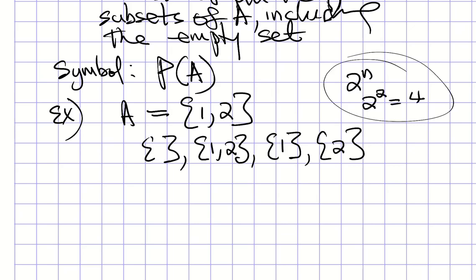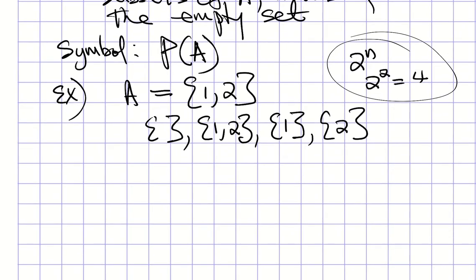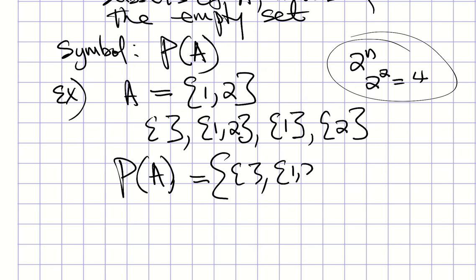It must have 4 elements right there. So these are the exhaustive elements of the power set of A, right? The power set is a set, it's not a number. It's a set of sets. So you write it like this. That's why it's called a power set. It's a powerhouse. See, it's a set of sets. So you have to write it like that.